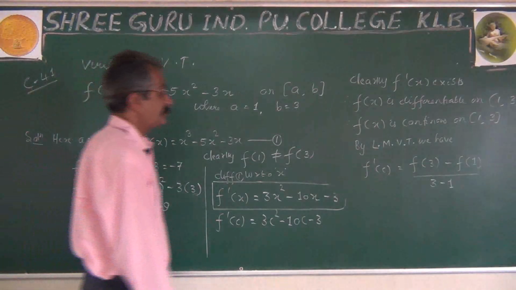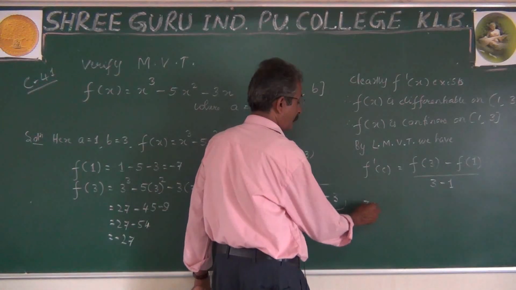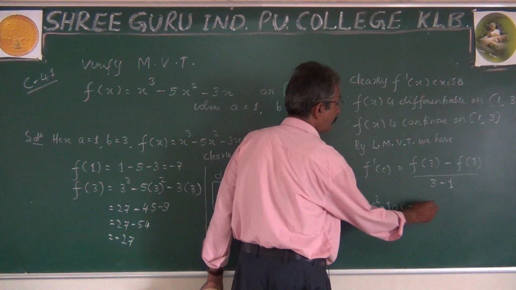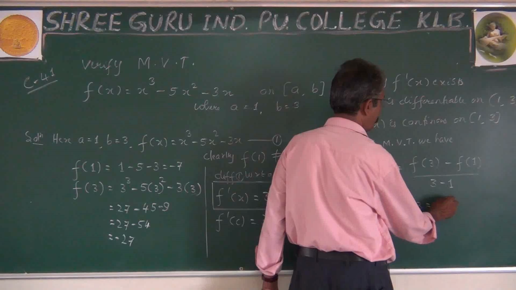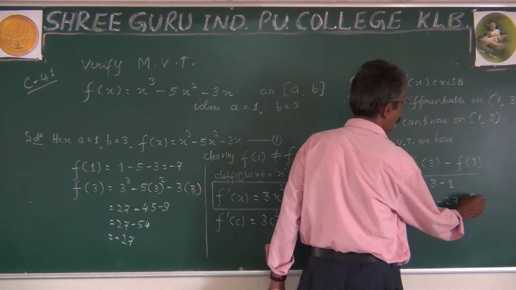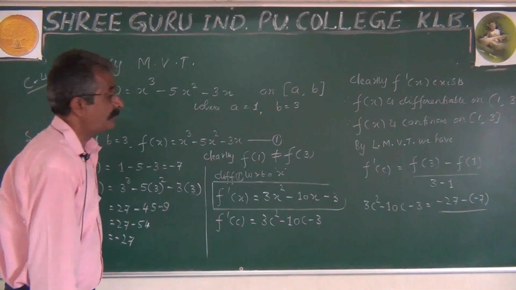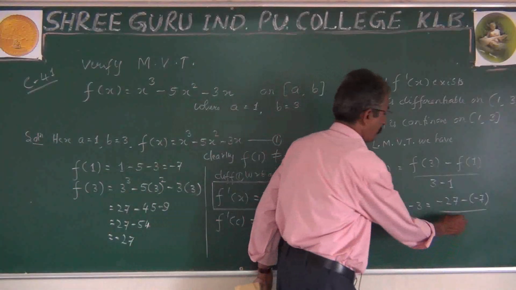F dash of c is given by 3c square minus 10c minus 3. F of 3 value is minus 27. F of 1 value is minus 7, divided by 3 minus 1 is 2.